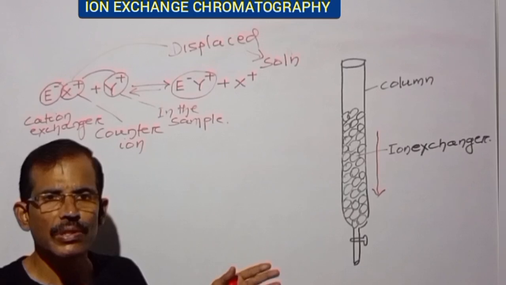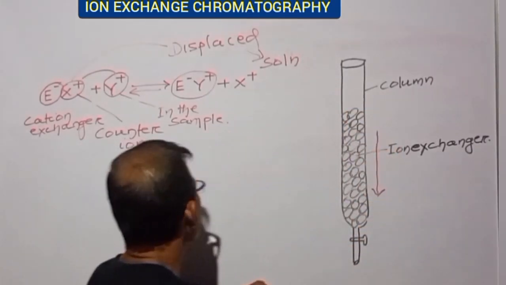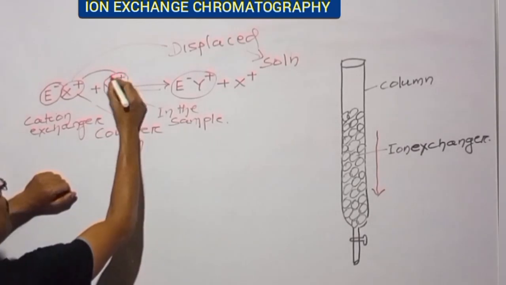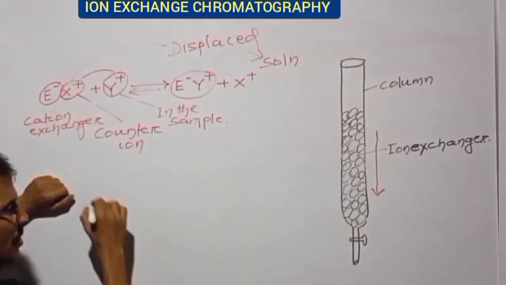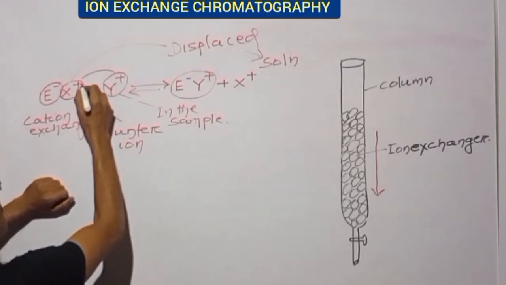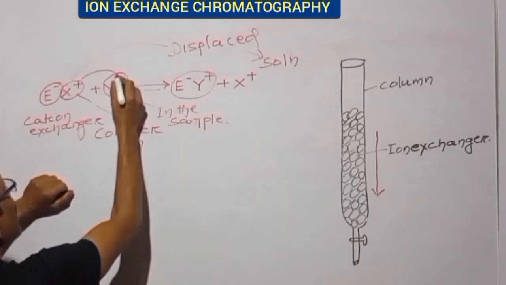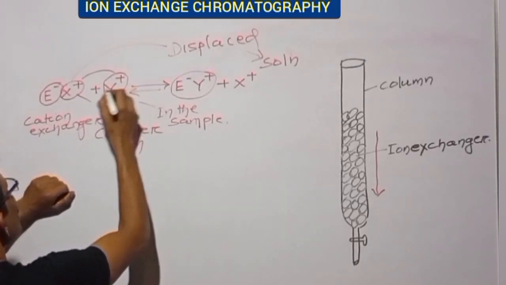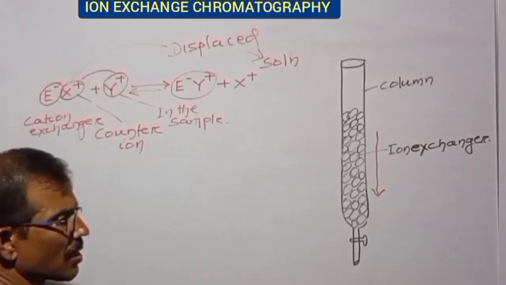When the sample solution percolates downward through the column, the charged compound Y plus will exchange site with X plus. As a result of this, counter ions X plus will be displaced and charged compounds Y plus will bind to the negatively charged ion exchanger.